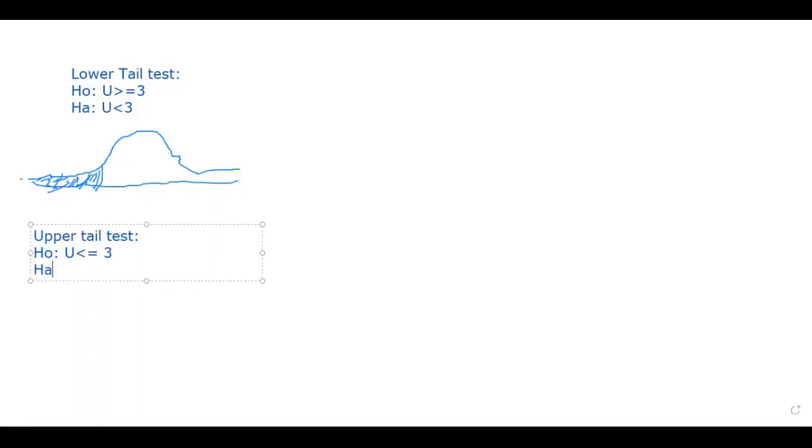And your H A will challenge the status quo, or the null hypothesis. So if this one is less than or equal to 3, this one will be greater than 3. You get it? So when you formulate your hypothesis and you see something like this, bear in mind that your test is what? Lower tail test. You see something like this.